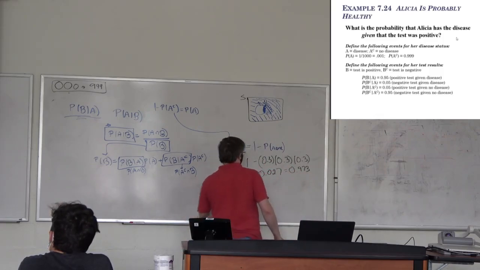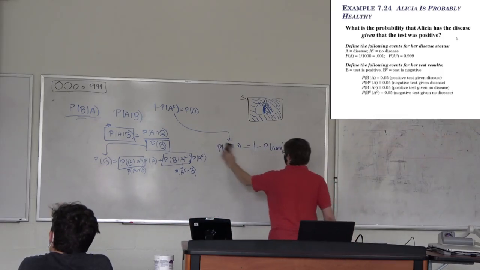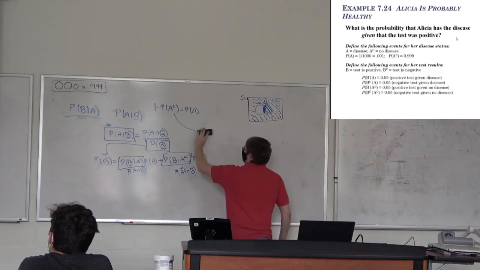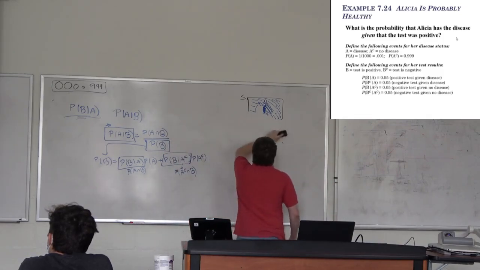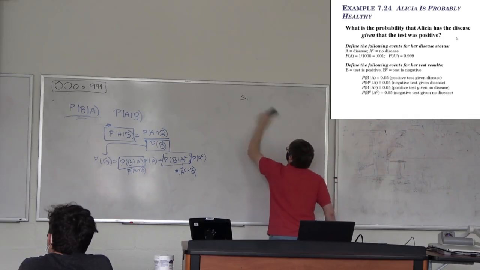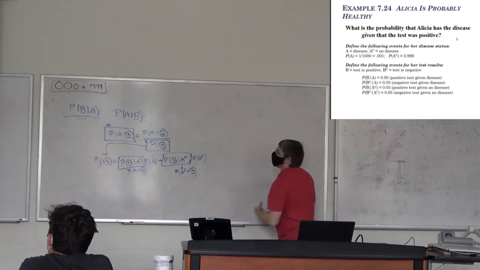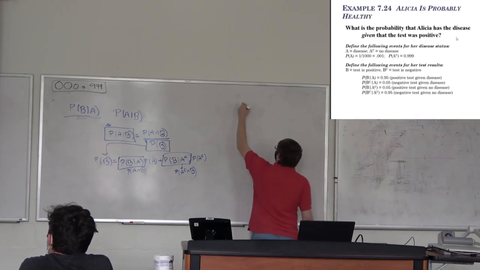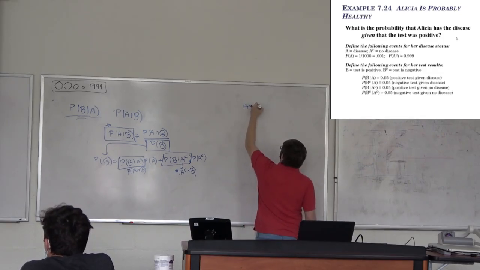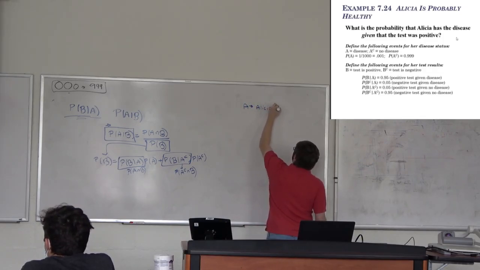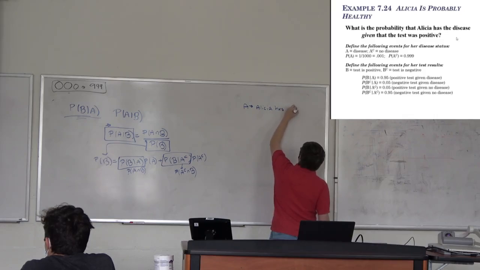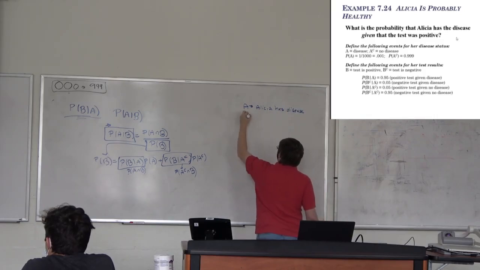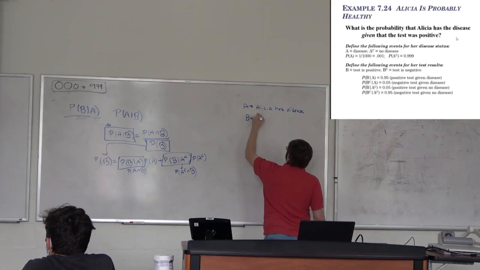And so in this case, and in these word problems, you got to map out, well, what's A, what's B, what's the opposite of A, that type of thing. So, A is the probability that Alicia has the disease. And B is the probability that the test is positive.